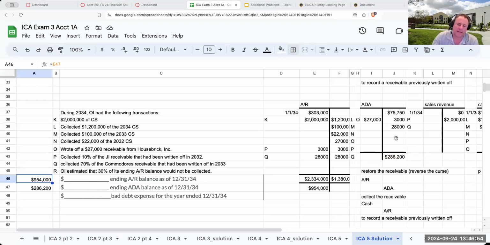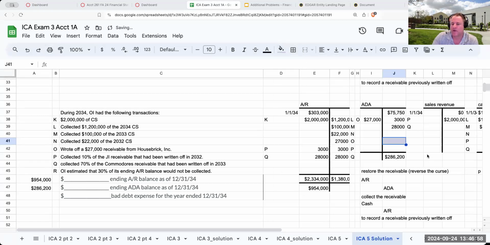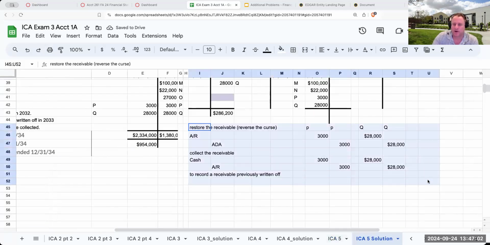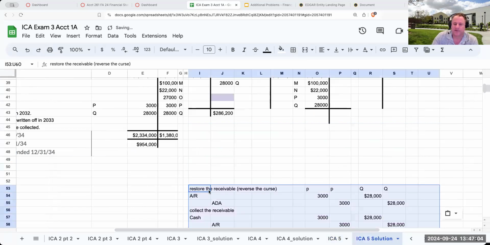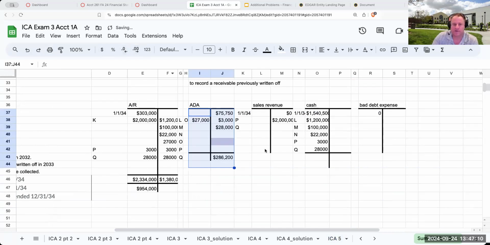So lastly, we're left with a similar issue to our previous problems, which is: is this T account in balance? Now, if you're taking my class, it never will be. So maybe in some fantasy land, but not for me. So does 75,750 plus 3,000 plus 28,000 minus 27,000 equal 286,200?